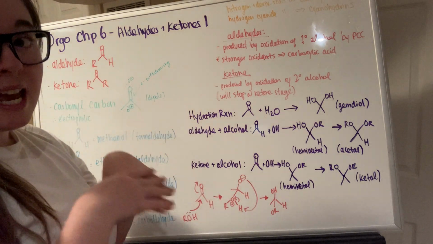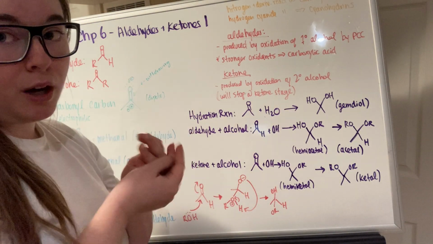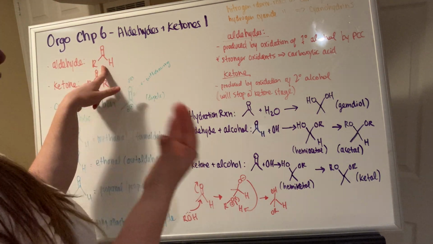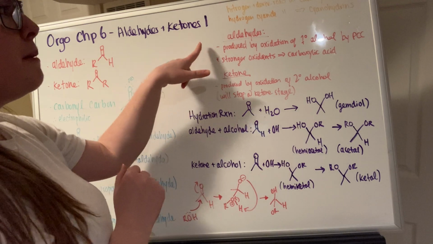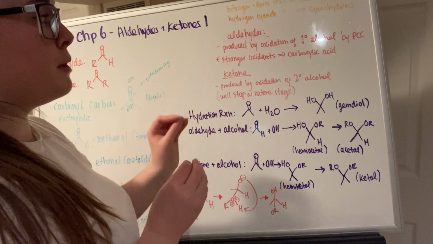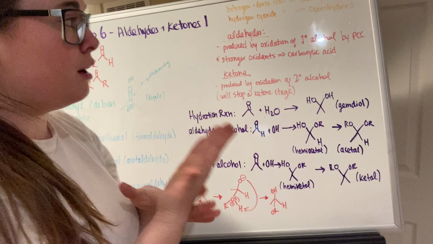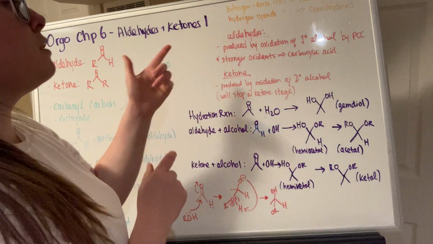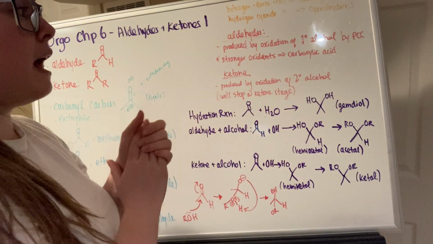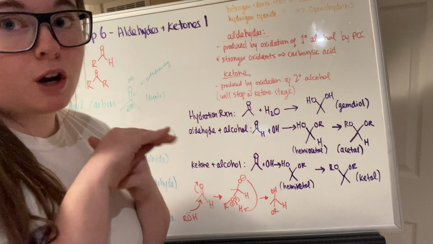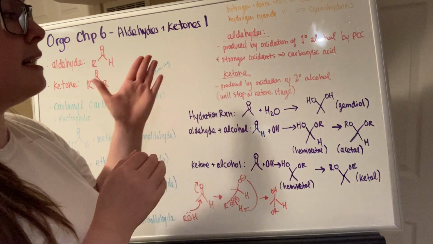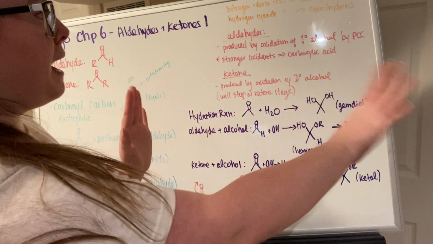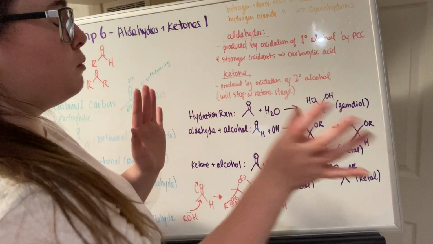If it's becoming oxidized, again, it's gaining a bond to oxygen, which is what we see here between an aldehyde and an alcohol, right? So aldehydes will be produced by oxidizing a primary alcohol, with PCC as the reagent used, but stronger oxidants will actually oxidize it further all the way to a carboxylic acid. We will look at this in a later chapter, but just know that if you use a stronger oxidant, you will pass the aldehyde stage and go fully to carboxylic acid.